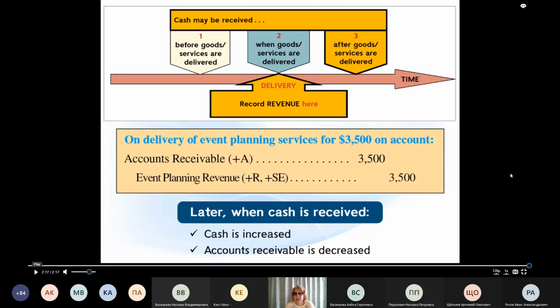And in a case when the cash payment is received after goods or services are delivered, initially we should recognize a debt of our customers, which we call accounts receivable, in correspondence with the revenue. After that, when cash is received, we increase cash and decrease accounts receivable.